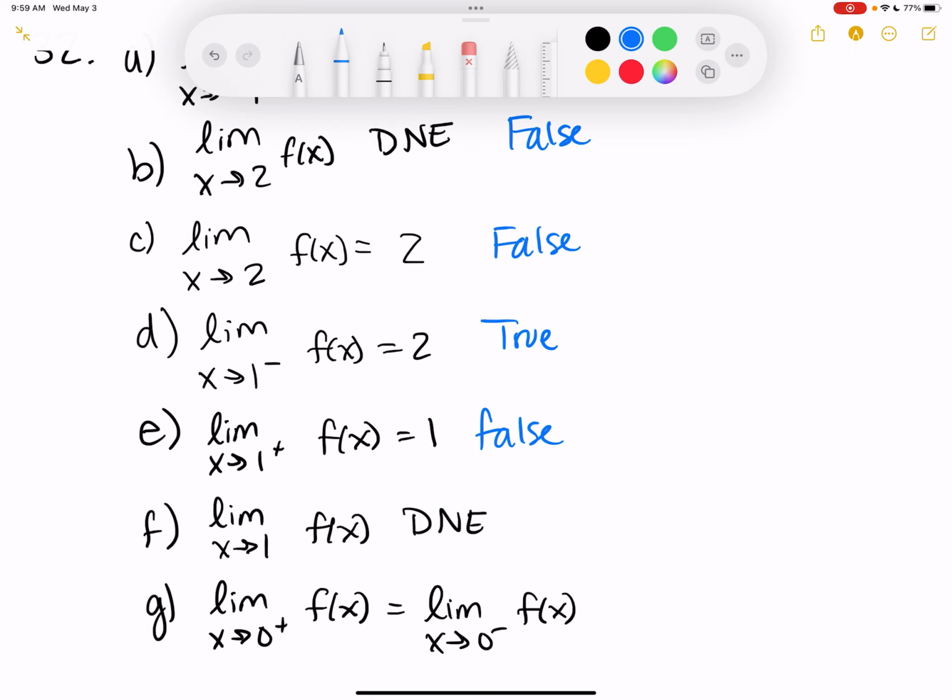That one lone dot? So each graph is separate. Correct. That's what was confusing me, because I didn't know. If it stopped, then no. But they keep going. So from the left, it's equal to 2. From the right, it's equal to 2. So looking at the top one right now, it does exist.